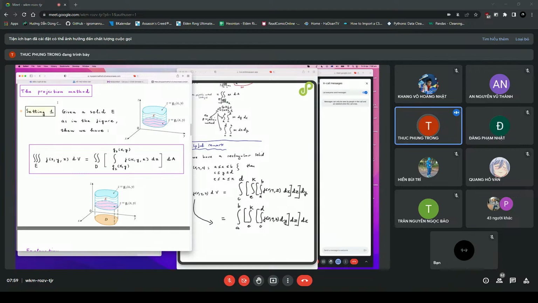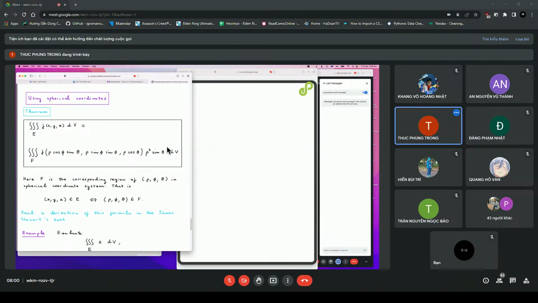So assume that you would like to integrate a function f over some solid E. The theorem says that we can turn this into a new triple integral. So the right-hand side is still a triple integral.